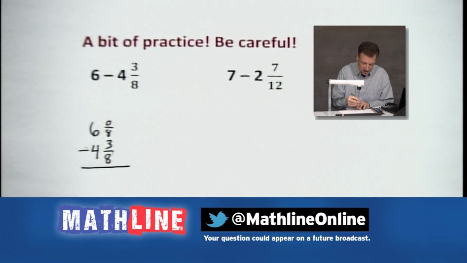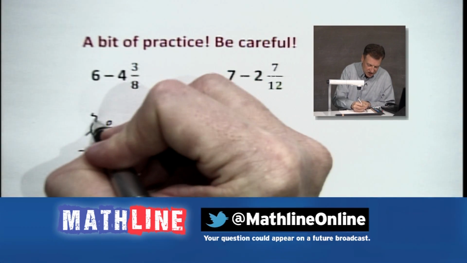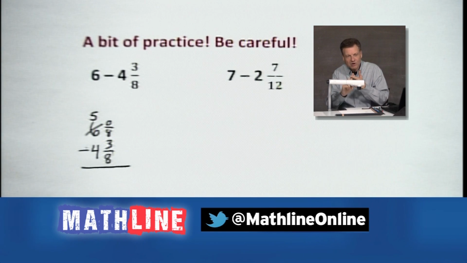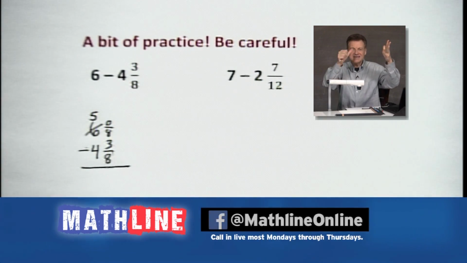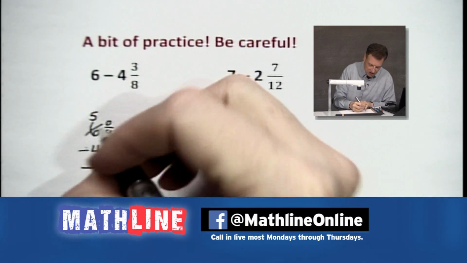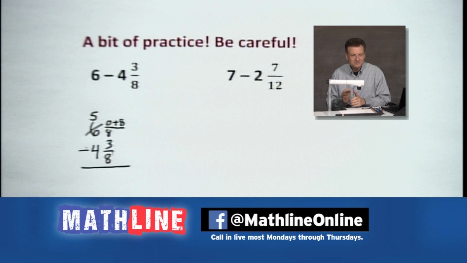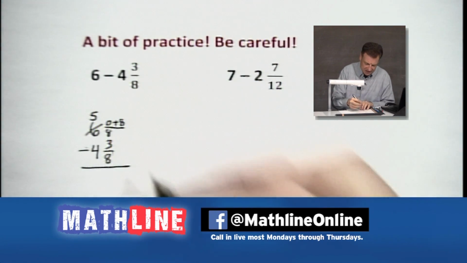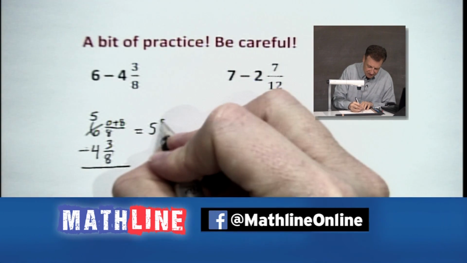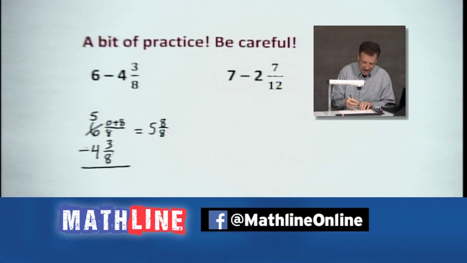So here's where we're going to go. We're going to do that little shredding moment, all right? We're going to pick up 1 from here. That's going to leave us with 5. And we're going to shred it into how many pieces? 1, 2, 3, 4, 5, 6, 7, 8. Count them, 8 pieces. So we're going to add 8 right up here. And you know what? It's sweet, isn't it? Because that gives us 5 and 8/8.